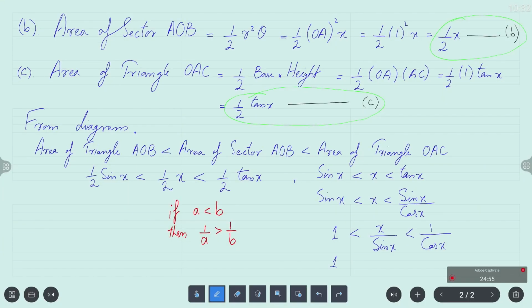So it means our inequality becomes 1 greater than sine x by x greater than cos x. In next page we write this inequality again: 1 greater than sine x by x greater than cos x.